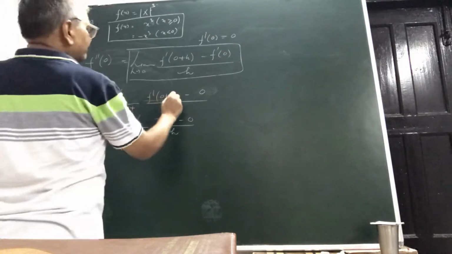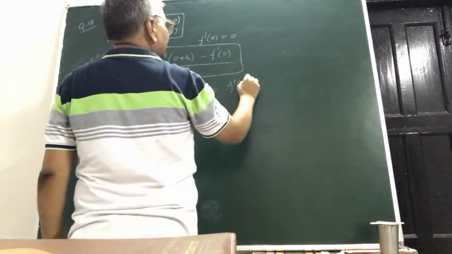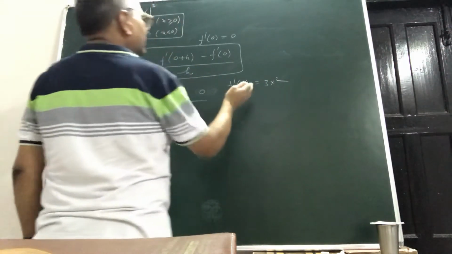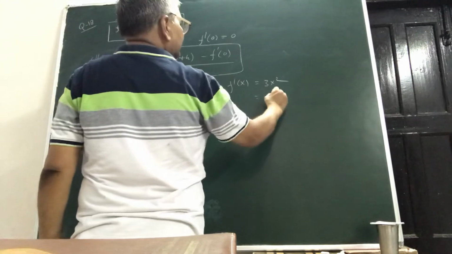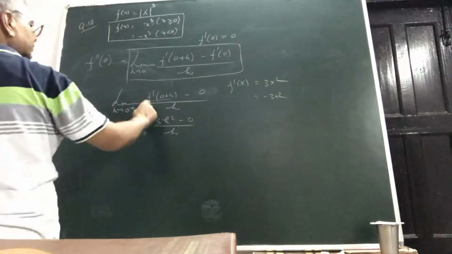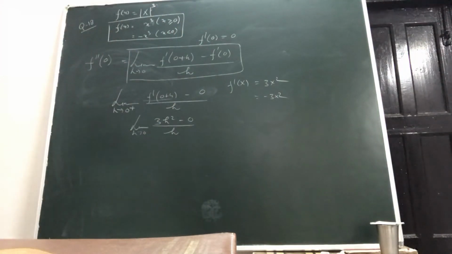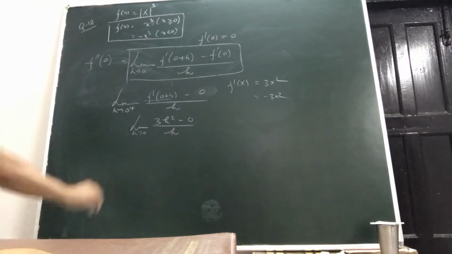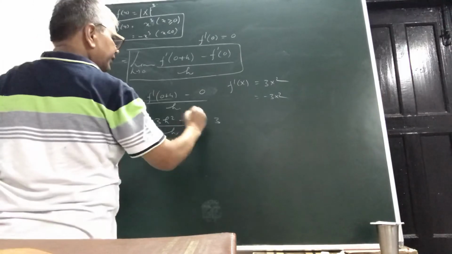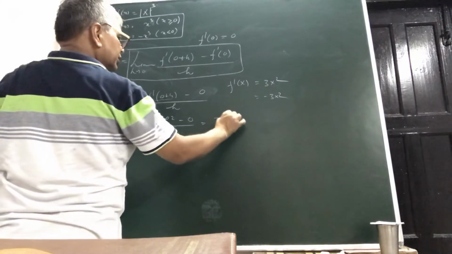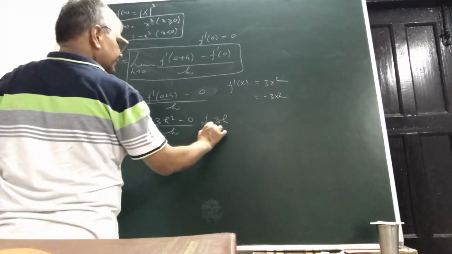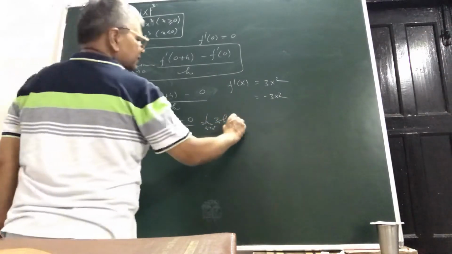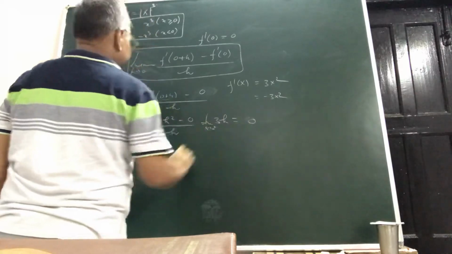We have seen f dash of x everywhere on the right side is 3x square, and on the left side it is minus 3x square. So here we will use 3h square as f dash at h. h is positive here, so this limit is 3h, as h tends to 0 plus, so this is again 0.